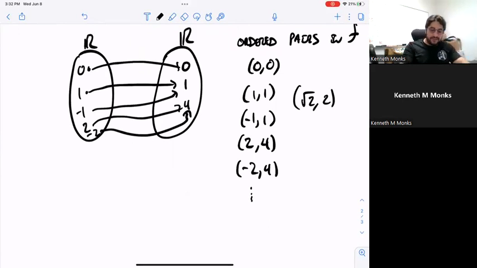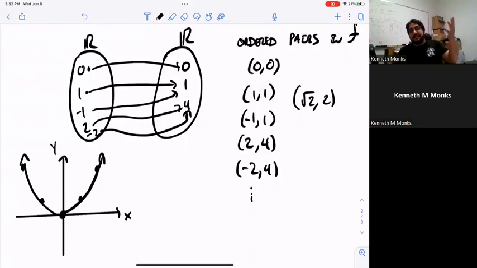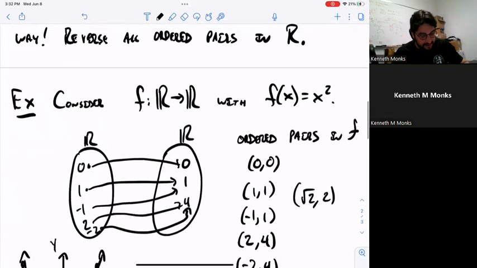So when we graph, we're doing exactly the same thing. We're just plotting them as horizontal comma vertical, as opposed to listing them out or drawing this arrow diagram. But I just want to mention that this is new notation for something very familiar: the graph of y equals x squared, and the points on the graph of y equals x squared. So this is what we have so far.